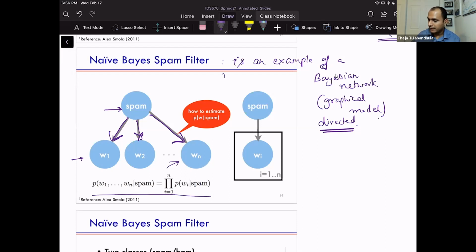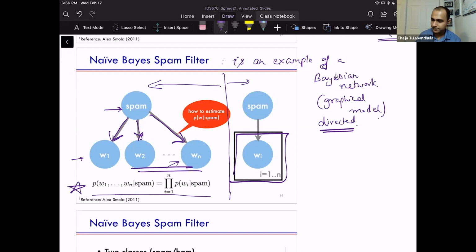This graph can be drawn more efficiently: I don't want to repeat each of the edges, so I can put a box around one representative random variable and say it goes from 1 to n. This is called plate notation, but that's not very critical at this point. It's just a graphical representation of the assumption.